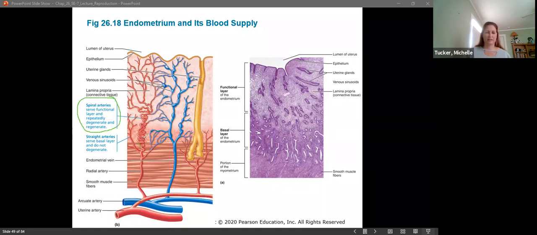Okay, so stratum functionalis has spiral arteries. The stratum basalis has straight arteries. So myometrium is here, stratum basalis here, and then stratum functionalis is up here. This is also a diagram that you might see again.